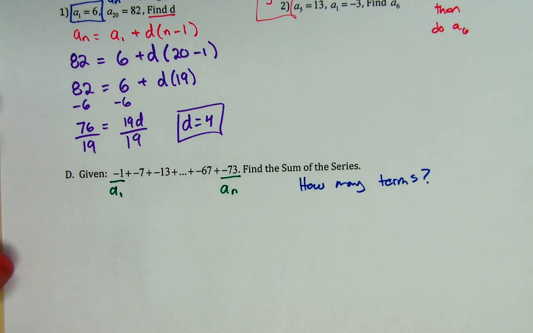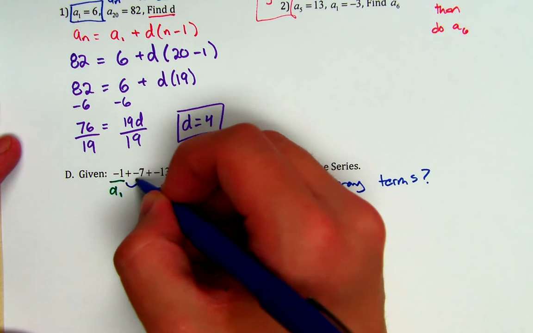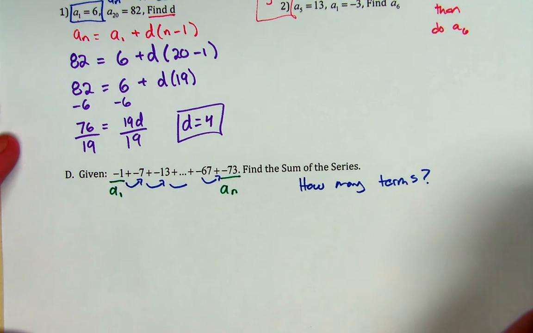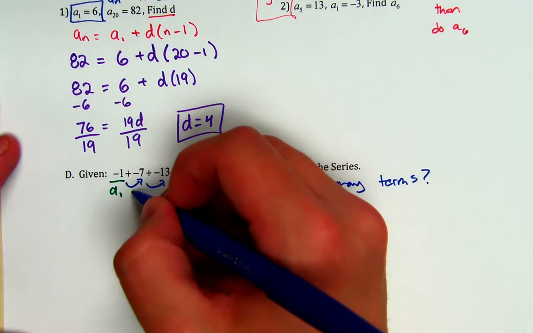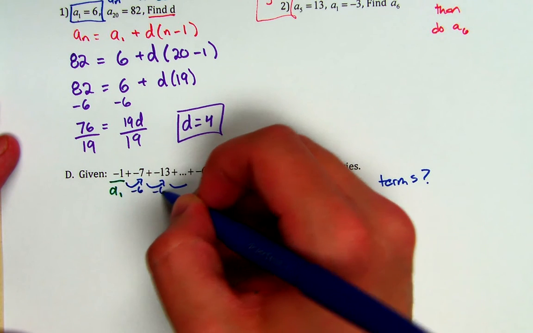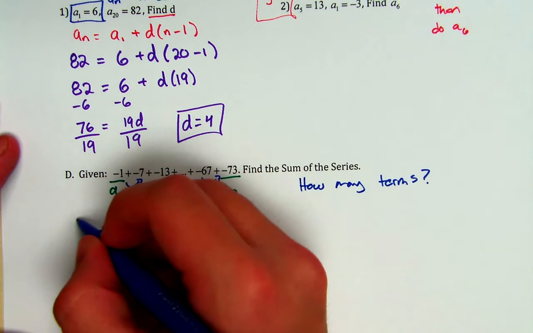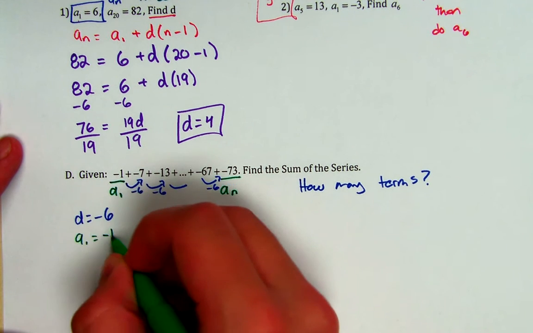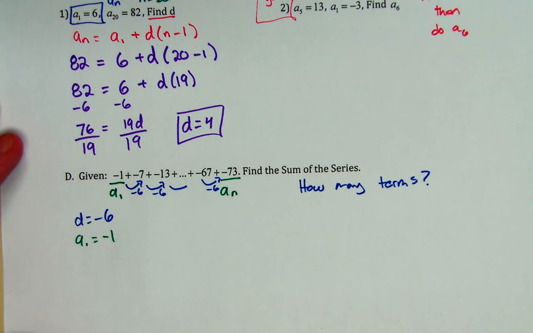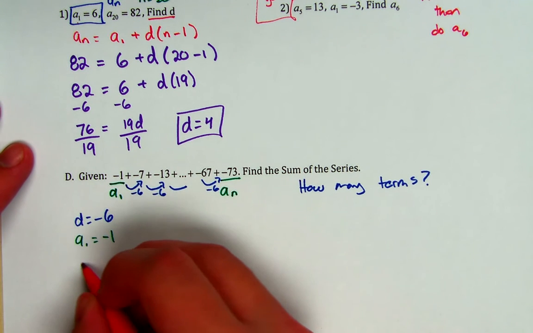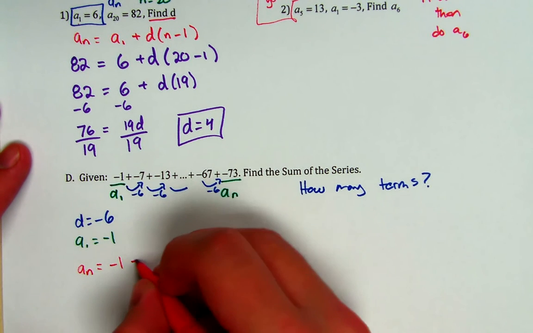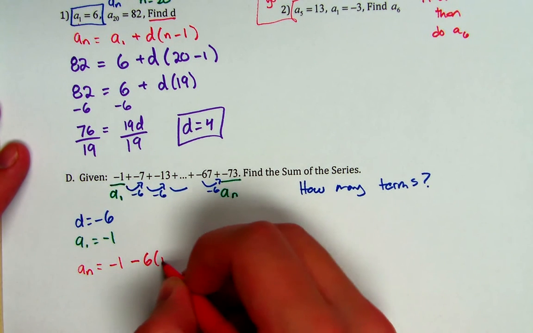I can find D, though. Think about how much this is changing between terms. Well, it looks like I'm subtracting 6, subtracting 6, subtracting 6. So I've got a D of negative 6. Now I can write the formula since I have A1 equal to negative 1. So ultimately, AN will equal A1 negative 1 minus 6 times N minus 1.